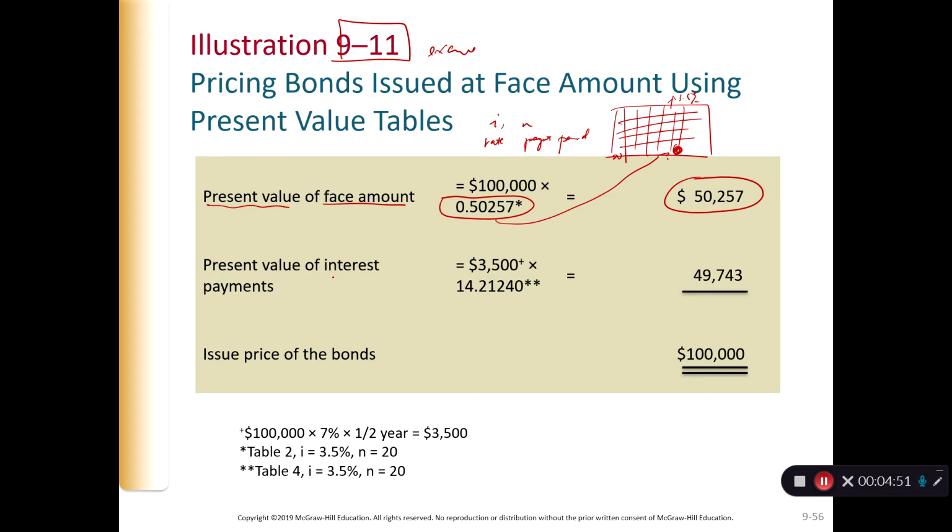And then you use the annuity table, the present value of annuity table. There's a different table, okay?